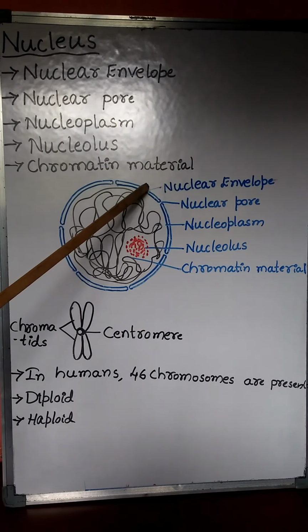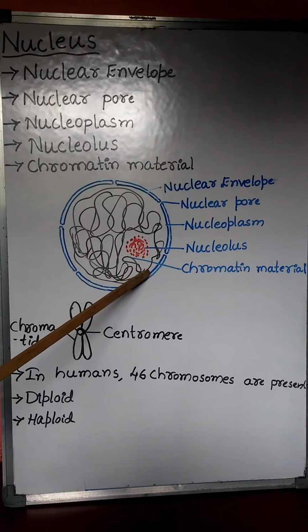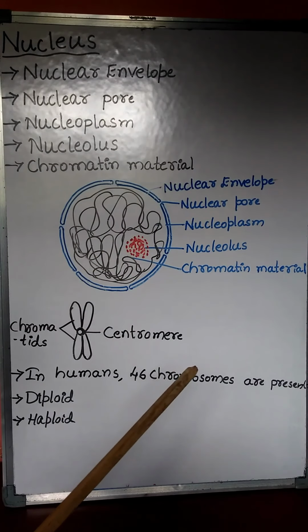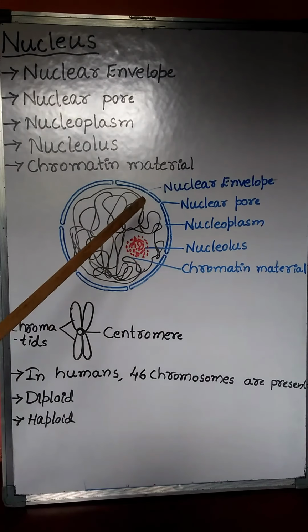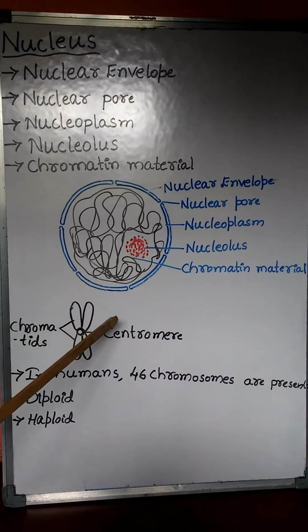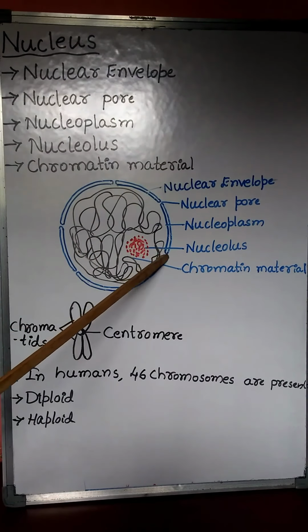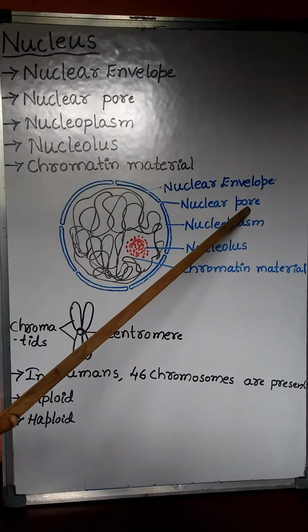See, this is the outer membrane of the nuclear envelope, which is usually connected with the endoplasmic reticulum. Nuclear envelope contains some pores or holes. Such pores are called nuclear pores.